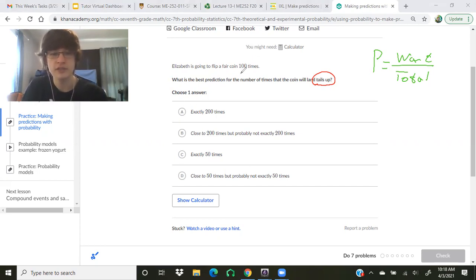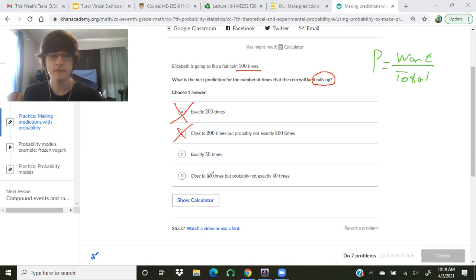If you're only tossing the coin 100 times, how will it land 200 times tails up, right? That's just impossible. So then the question becomes, is it exactly 50 times that the coin will land tails up? Or is it close to, but not exactly 50 times?